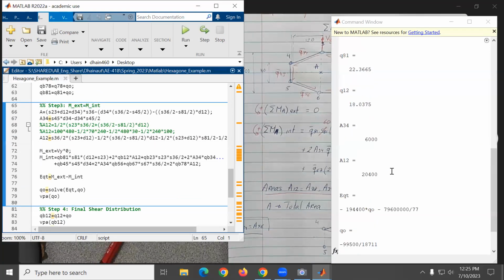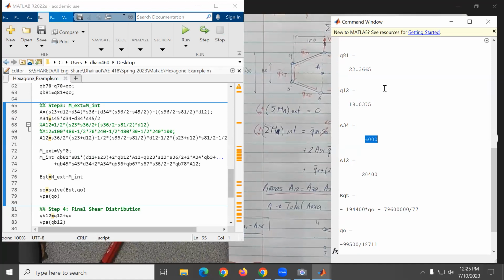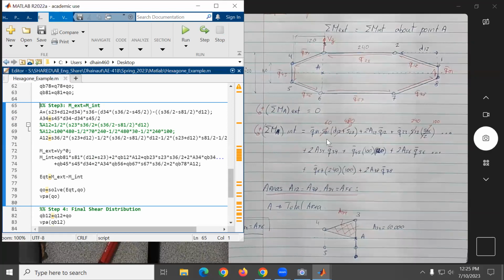Okay, so let's see. If we do this, we get A34 equal to 6,000. And that way, I think this is the same thing as you were saying. You had 120 times 100 divided by 2, no? So it should give you A34 equal to 6,000. Again, guys, you need to practice this stuff. What he was saying to do is the height, so 34 times the height, divided by 2.